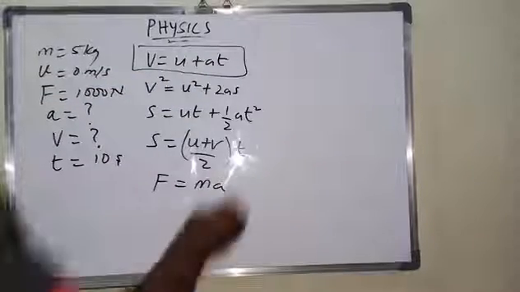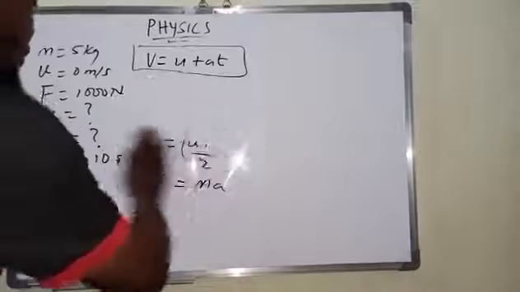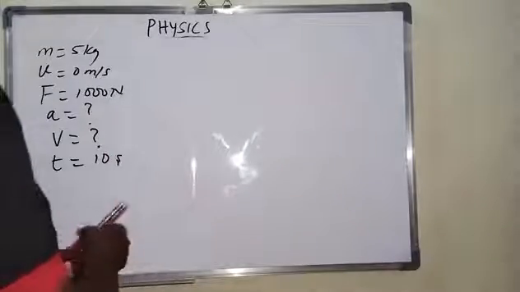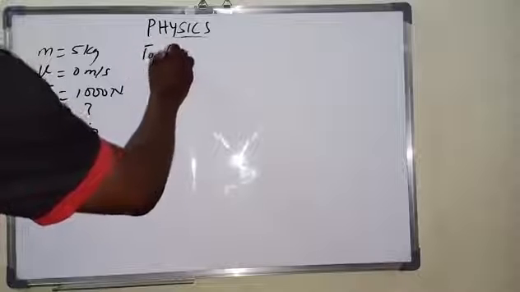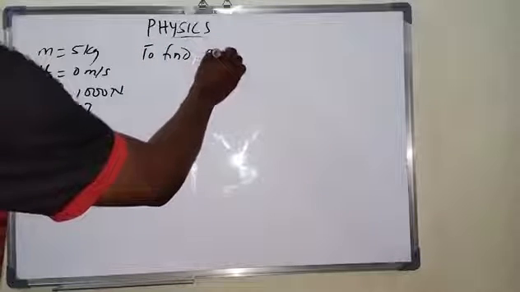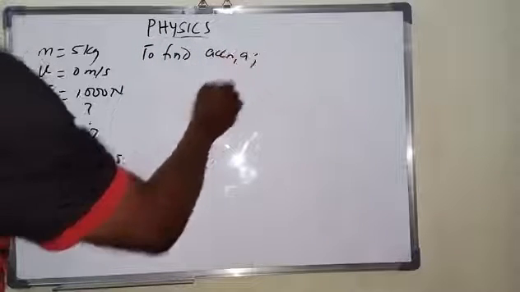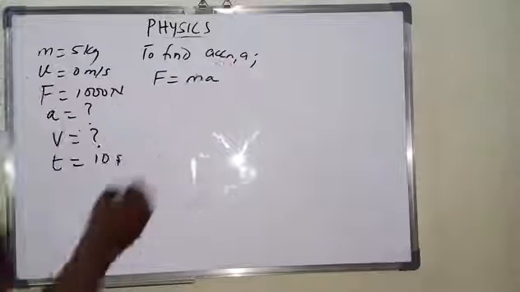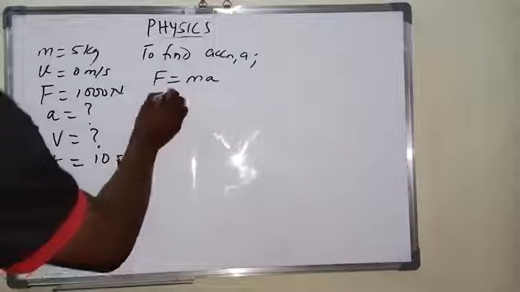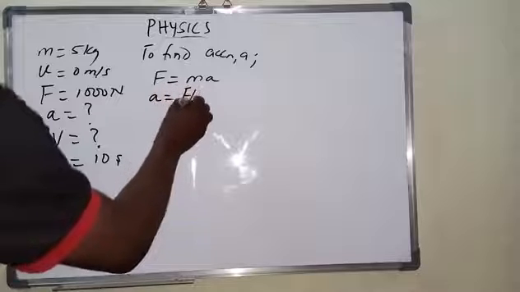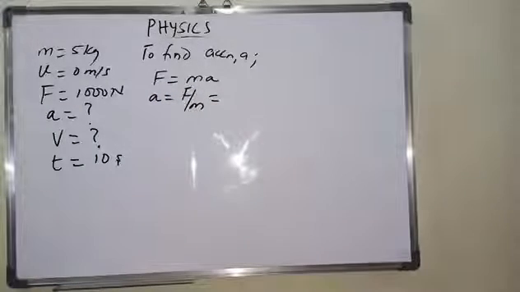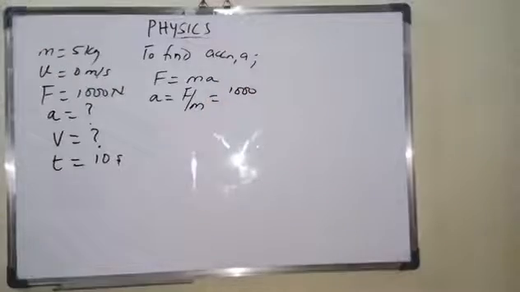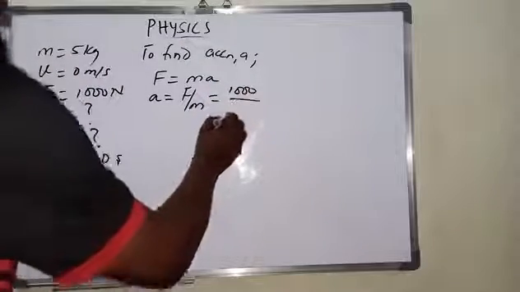So to find a, the acceleration, we apply force is equal to mass times acceleration. From here, our acceleration will be force all over mass, where the force is given to be 1000 all over the mass 5.